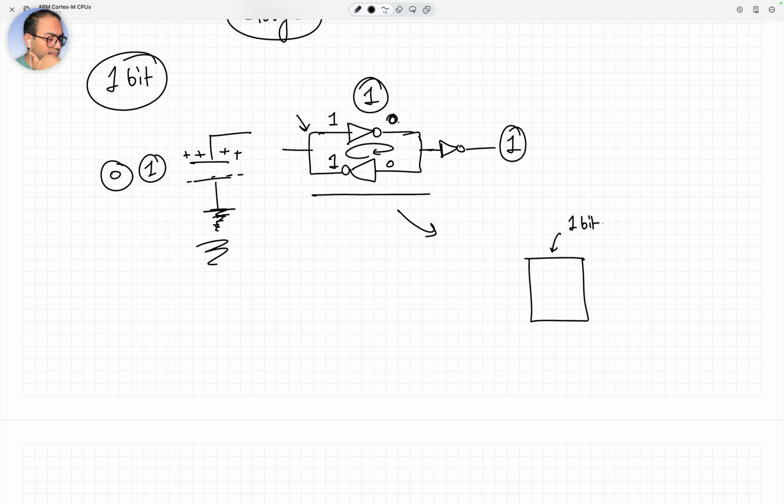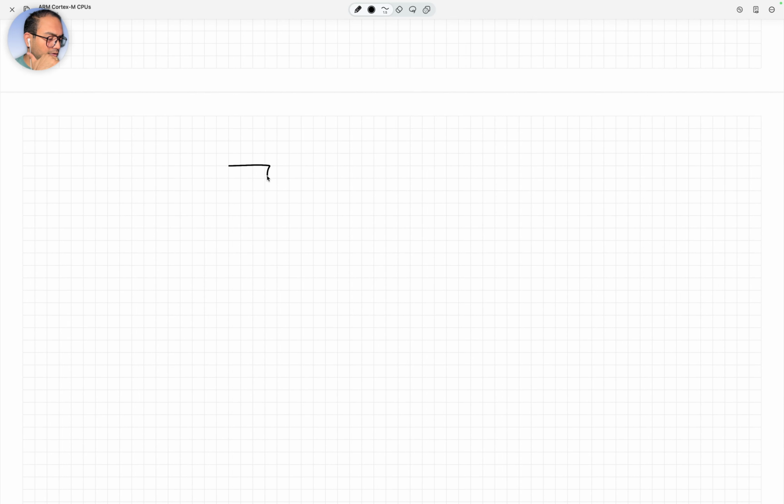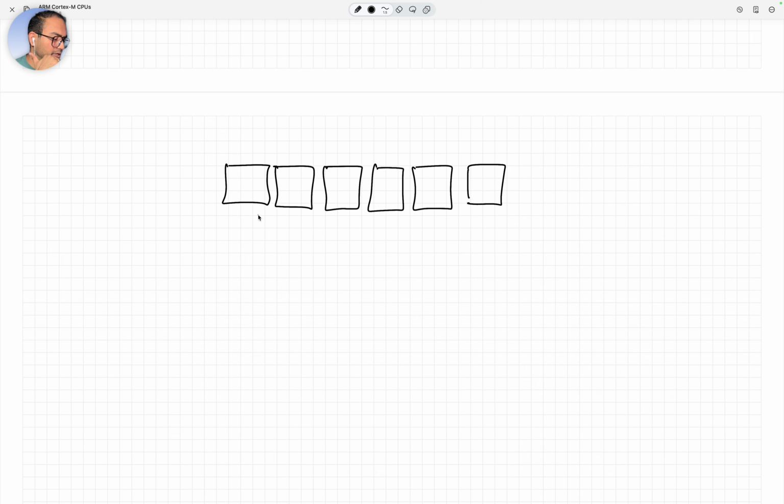Now if we take a lot of such bits next to each other, and let's say we take 8 bits, let me just draw that out real quick. So we have, let's say, bit 7, bit 6, bit 5, bit 4, bit 3, bit 2, bit 1, and bit 0.